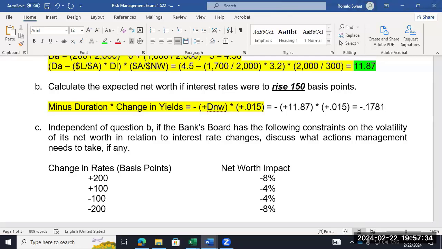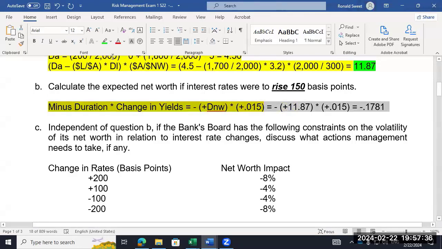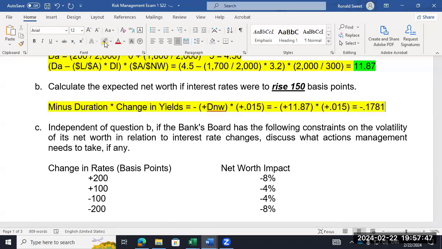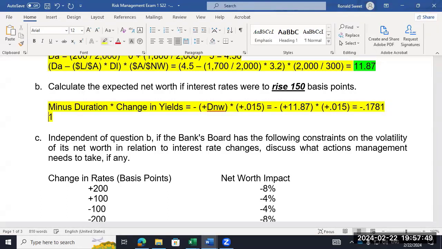So 8.1. That's the percentage change, but we're asking for the dollar, well, not even a dollar change. We're asking for the ending amount. So net worth times minus 0.1781.